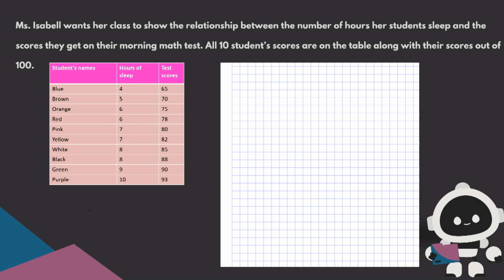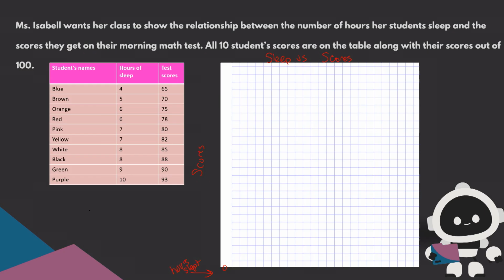So what we want to do right now, let's go ahead and label this graph and graph our points. I'm going to put 0, and we're going to put hours slept on the bottom, and then I'm going to have scores here, and I'm going to have sleep versus scores as my title, remembering we always have a title.